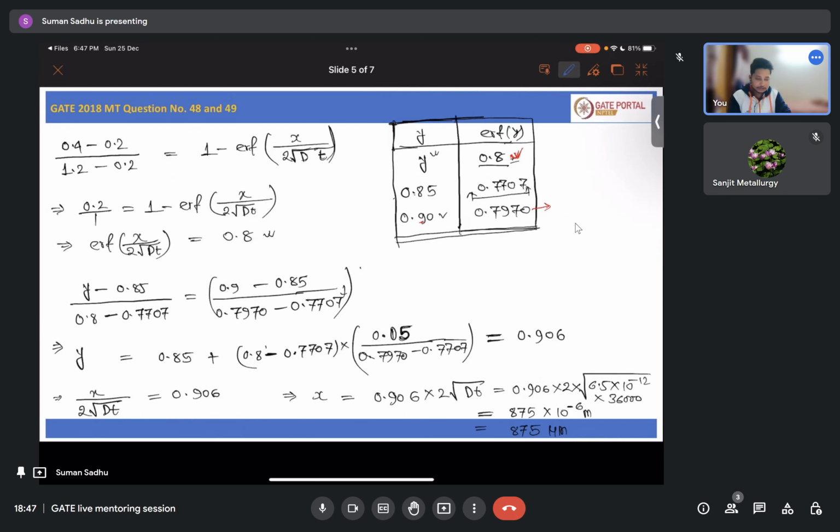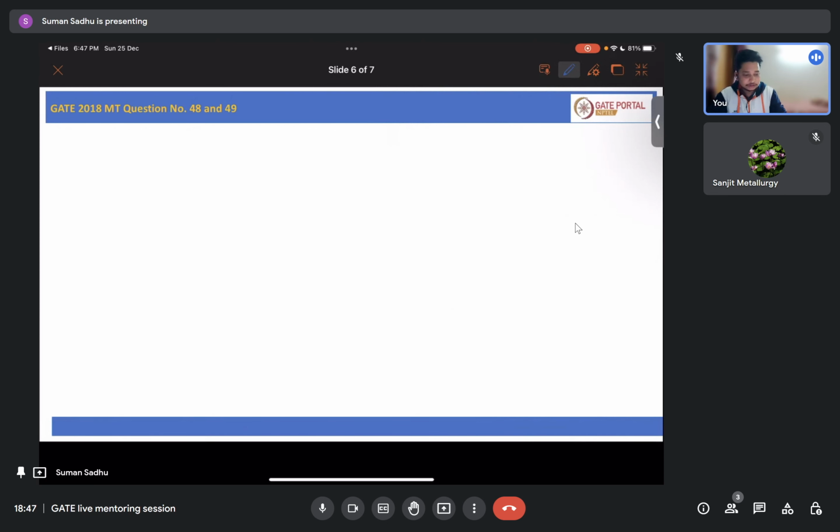Now we have the equations. From the equations we have (Cx minus C naught) by (Cs minus C naught) is equal to 1 minus error function of x by 2 root over of d into t.